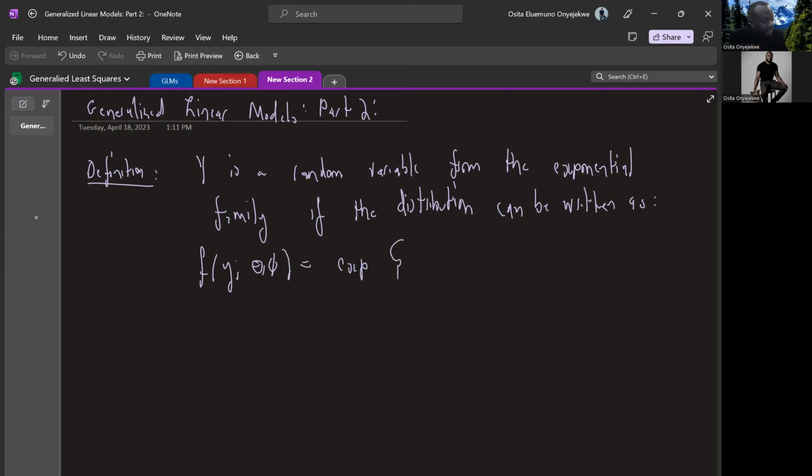This is going to be the exponential of y theta minus b of theta divided by a of phi, plus c of y comma phi.